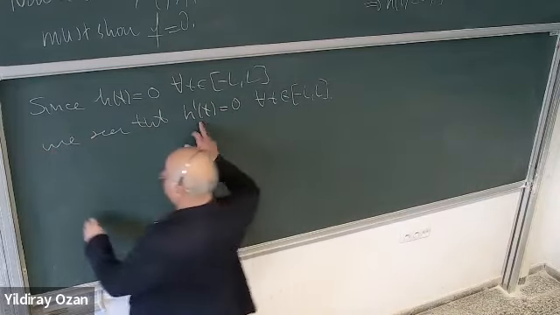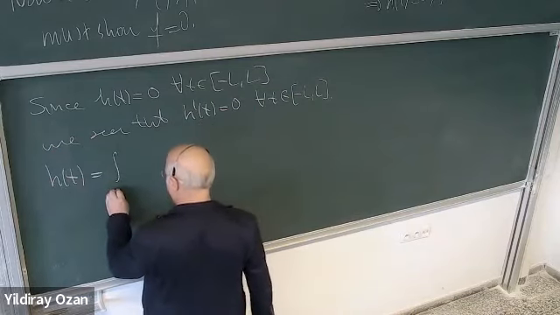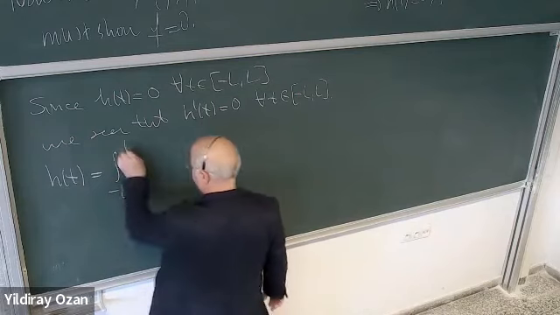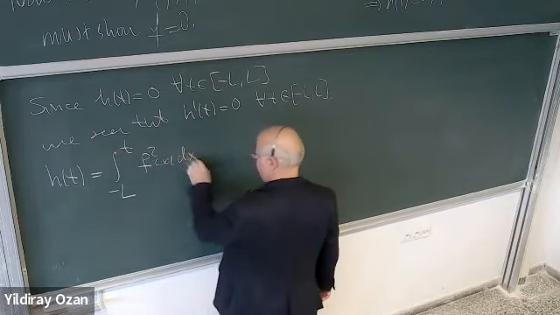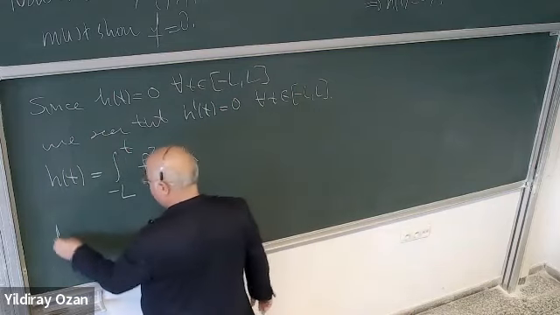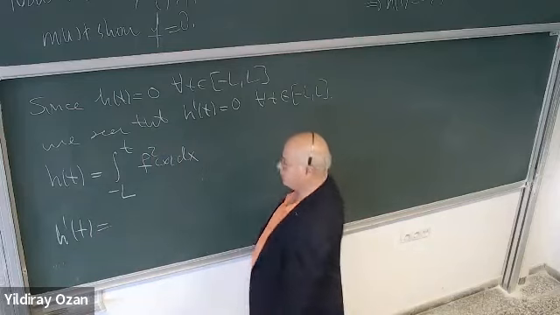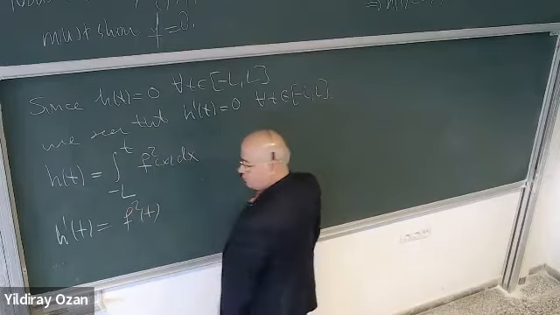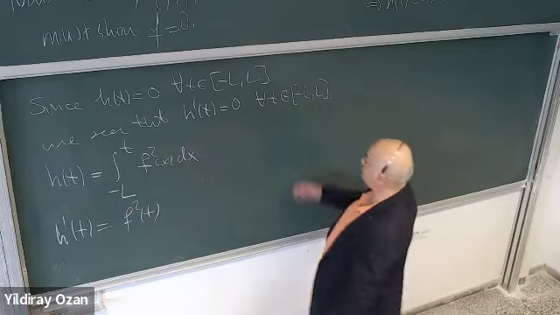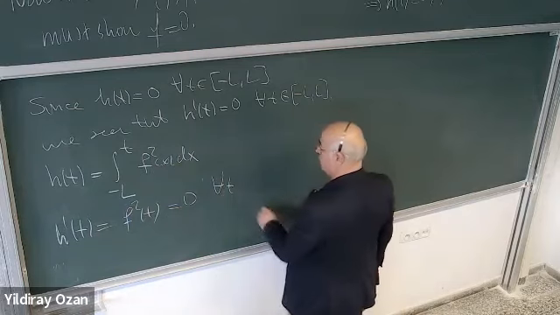Well, what is h prime t? h of t is this. So h prime t is just, by the fundamental theorem of calculus, f squared t, right? And this is 0 for all t.